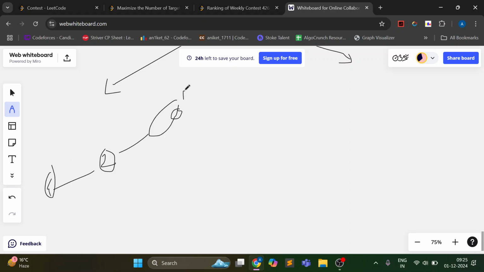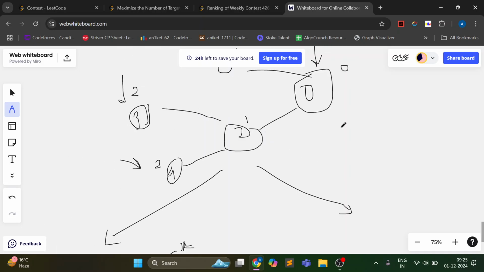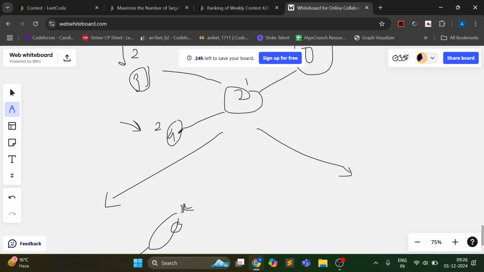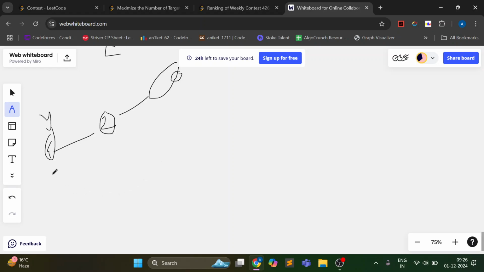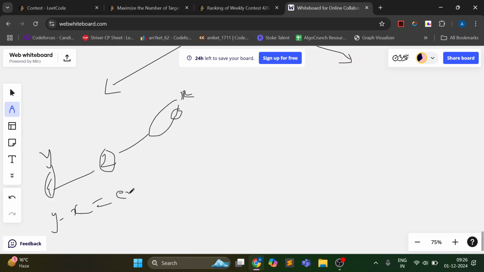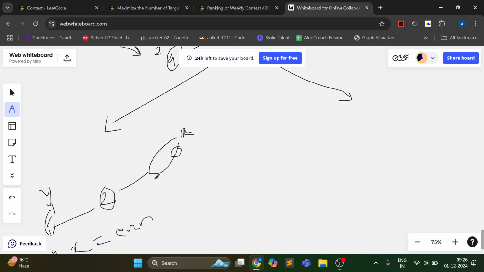Let's say this is on level x, and this would be level y. Both are even because we have considered them that way. Now the number of edges between them would be equal to y minus x, and the difference between two even numbers is always even.